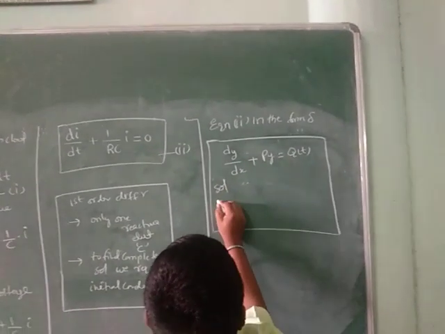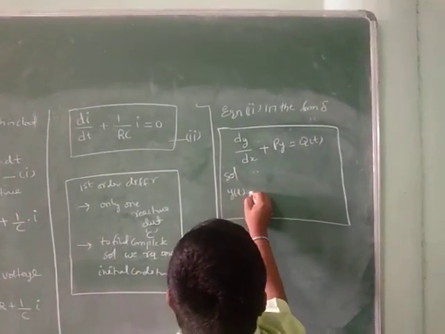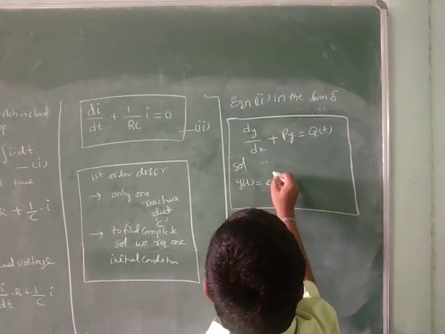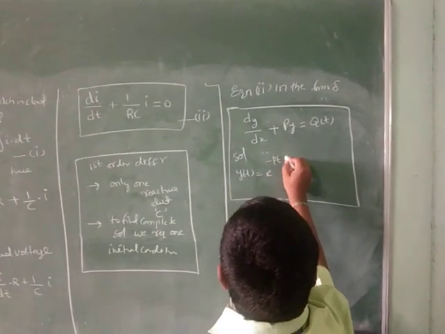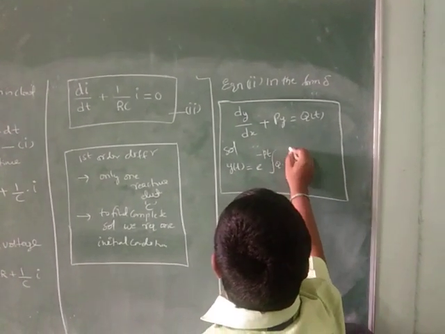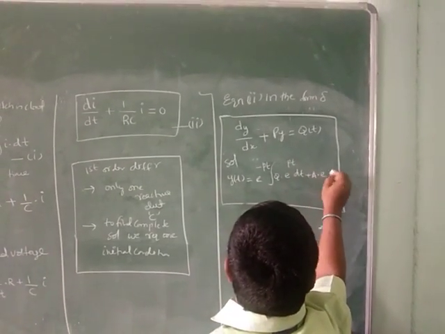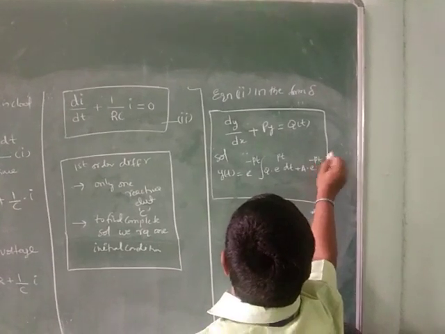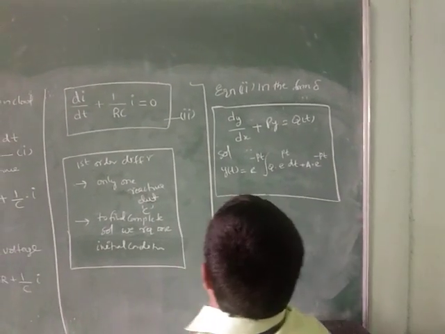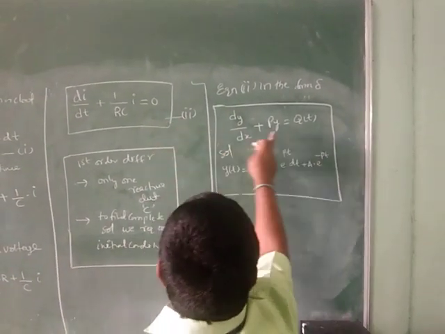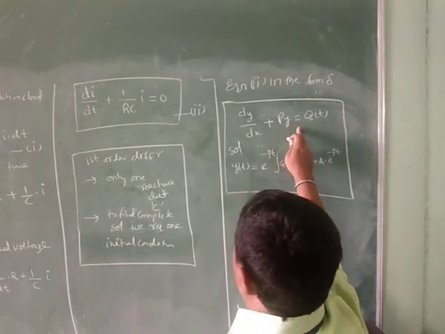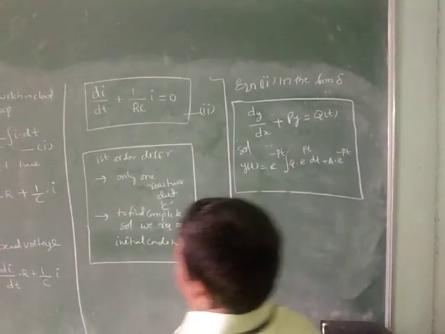The solution for this one is y of t is equal to e power minus pt integral q into e power pt dt plus a into e power minus pt. So compare equation 2 with the generalized differential equation and solution.